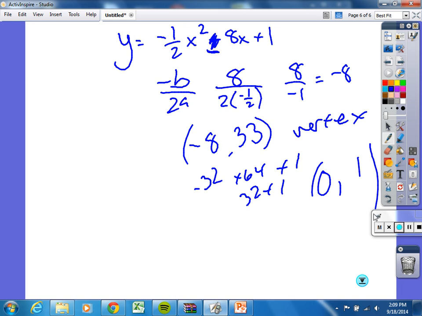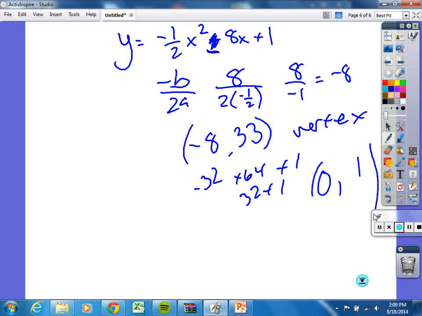My c value is always my y-intercept. And if it doesn't make sense, plug the 0 in. What's 0 squared? 0. 0 times negative a half is 0. 0 times negative 8 is 0. This all becomes 0 plus 1. It is 1, right? Okay.